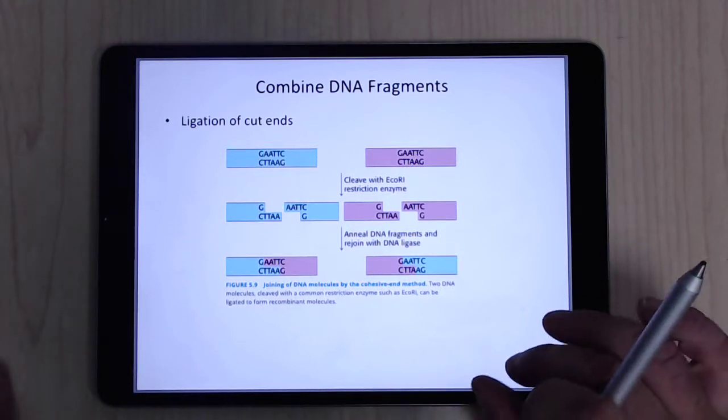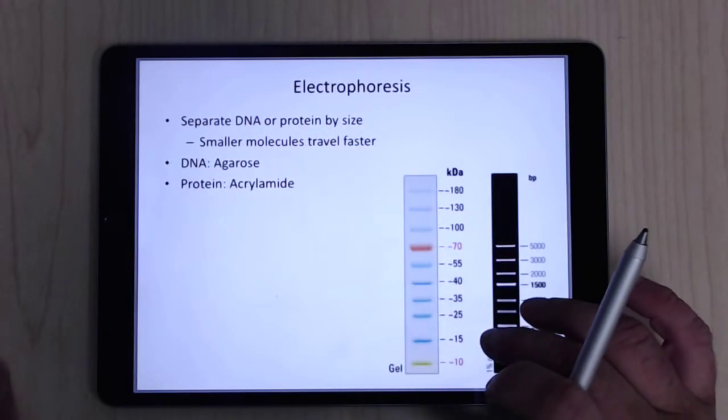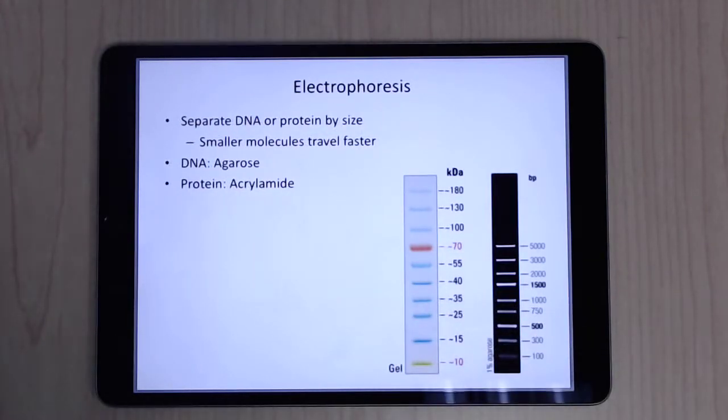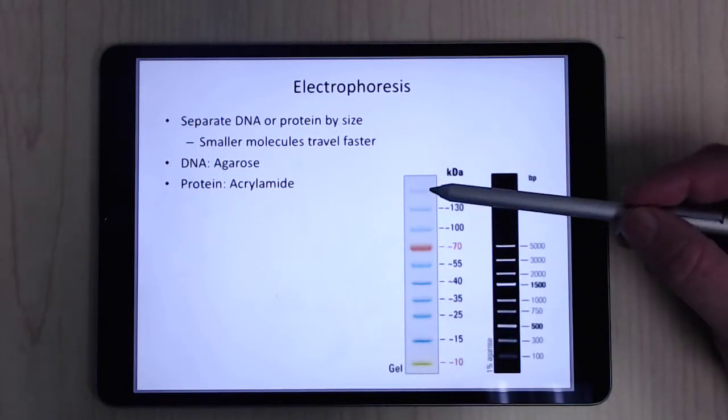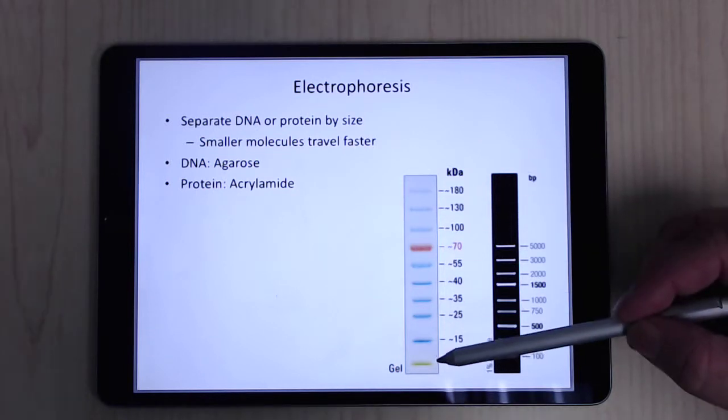It works really well. The other thing we can do is what's called electrophoresis, and this is a nice analytical tool to separate your materials on the basis of size. Usually you stick the mixture at one end and let it flow. And these are molecular markers, stuff like that.